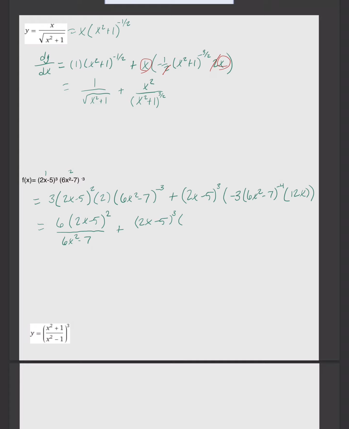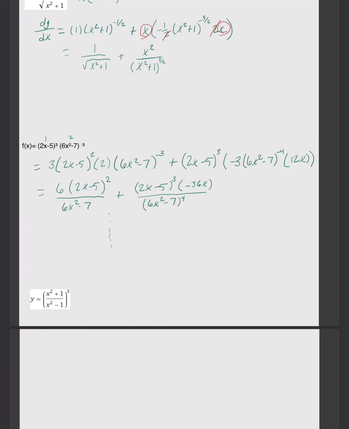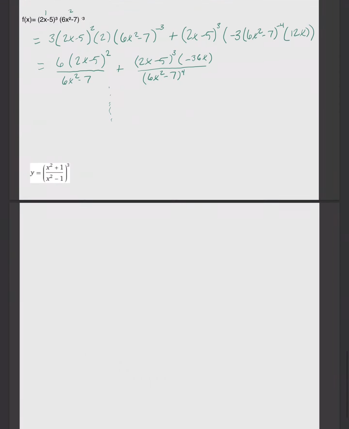That negative 3 times that 12x, which would be negative 36x, all divided by, we can take the negative fourth power to the denominator of our fraction, and it'll be a fourth power. And there's a lot more simplification you can do here if you want to combine all these terms. It'll take a little bit, but you can get there.